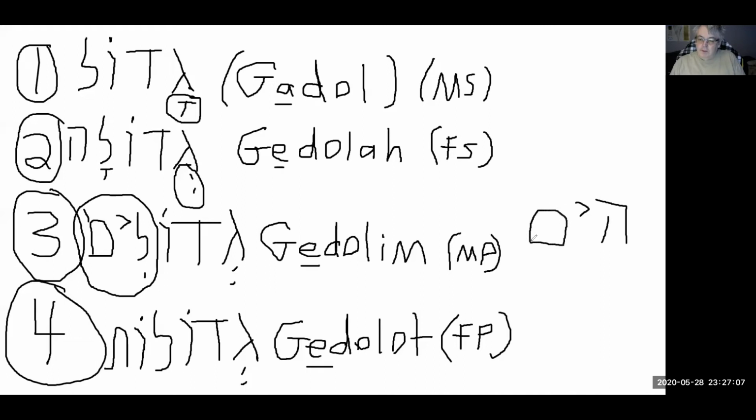And you had the same hirik vowel under the hey. Remember that from Genesis 1:1. So here you get the lamed with the hirik vowel and the yud and the mem. So that's a very common vowel pattern at the end of a word you'll see as the masculine plural form.